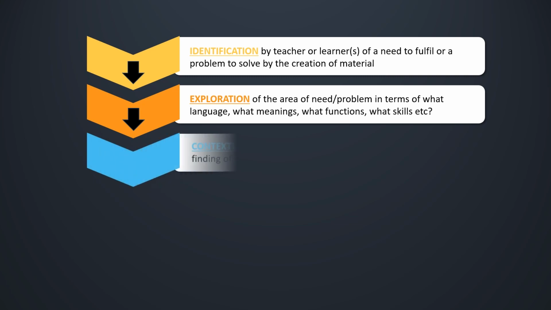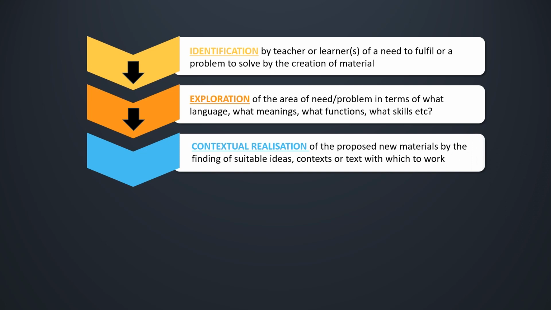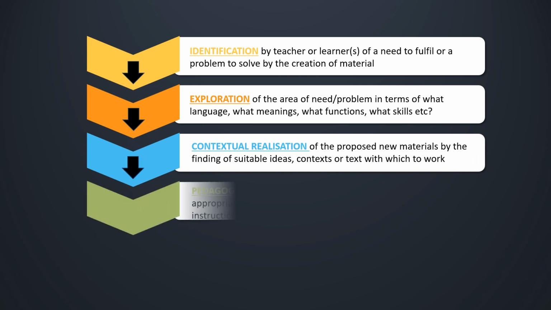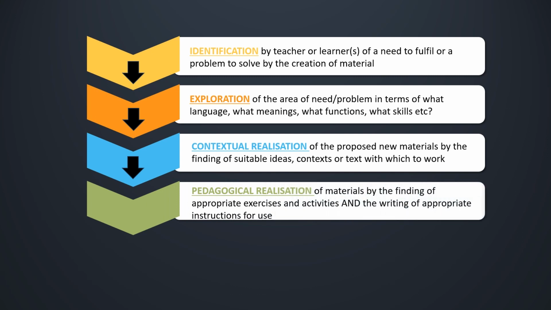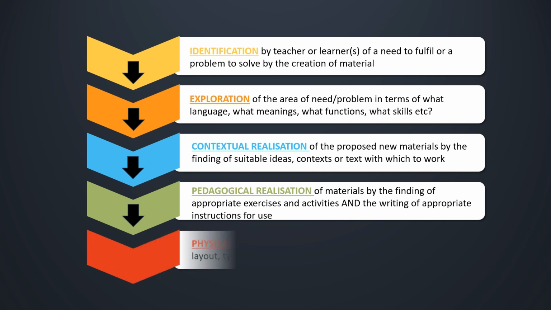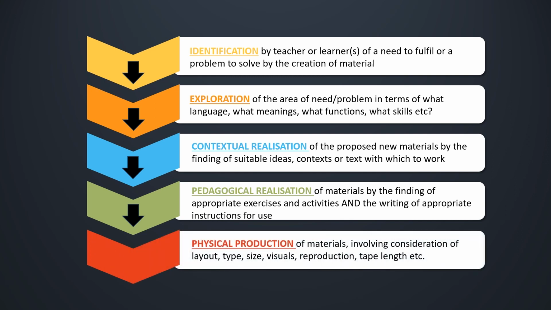Third is contextual realization of the proposed new materials by finding suitable ideas, context or text with which to work. Pedagogical realization of materials is finding of appropriate exercises and activities and the writing of appropriate instruction for their use. Production of materials involves consideration of layout, type, size, visuals, reproduction, tape, length, etc.